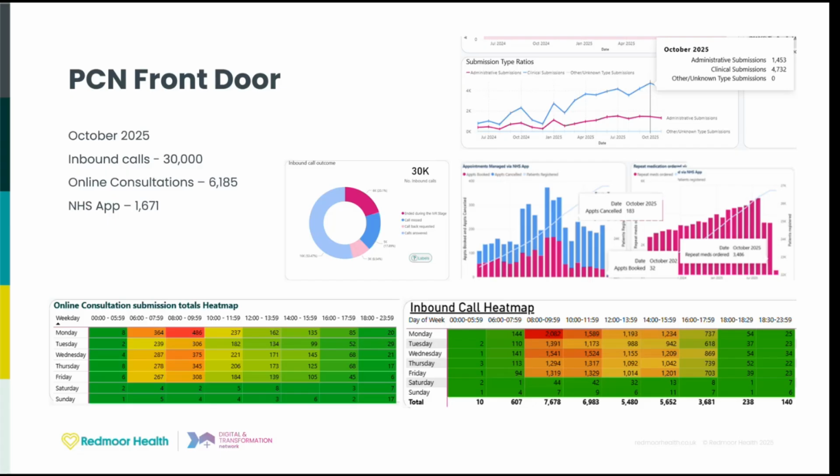And you'd want to see those call and contact heat maps show demand spreading more evenly across the day rather than at that peak time in the morning. So the aim is to create a more balanced and resilient front door where patients are supported to use the right route first time and practices can manage demand more safely and predictably.